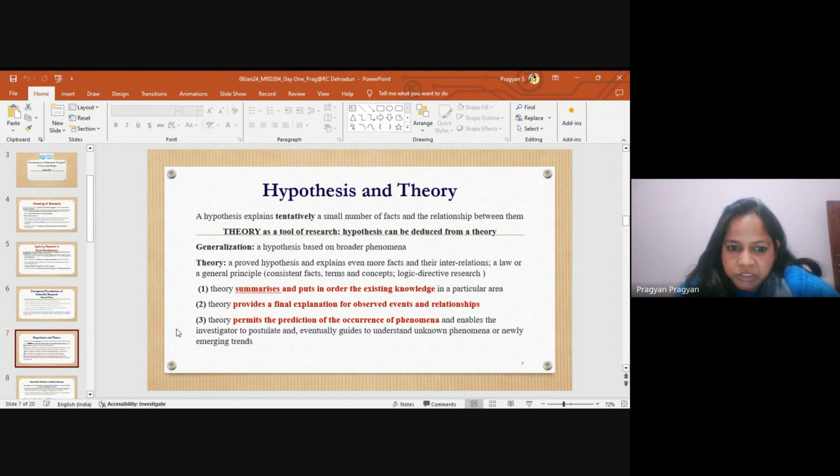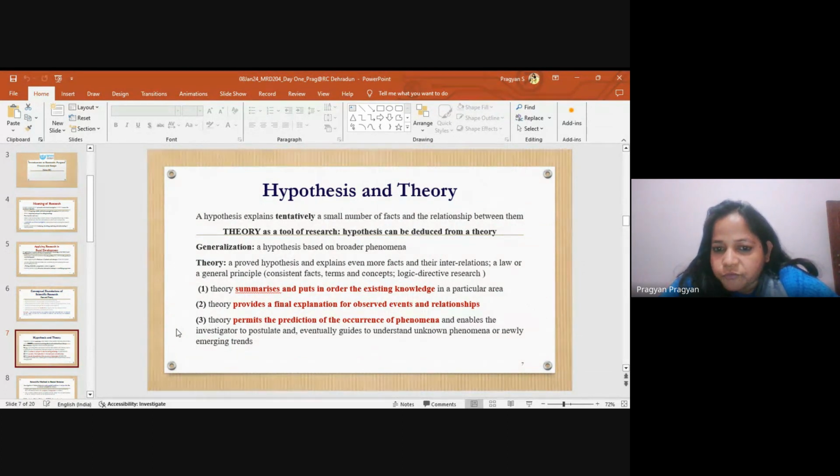Second thing, theory provides a final explanation for observed events and relationships. What are we discussing by raising that particular question of where are the missing boys and why are these boys missing from the college, from the class?